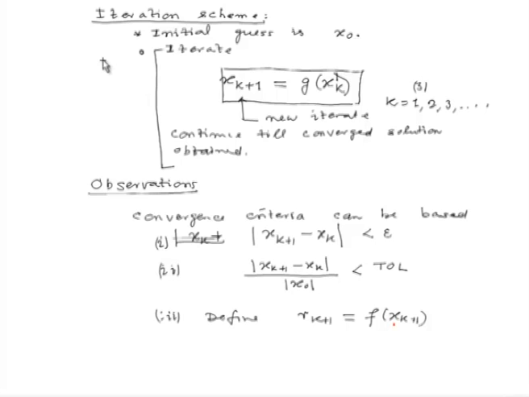So, if x k plus 1 were an exact solution of the system of equations 1, then of course this residual would become 0. So, the magnitude of this residual R k plus 1 also gives us a measure of the convergence. So, if this is less than some other tolerance, a very small number, we can say that our solution has converged.